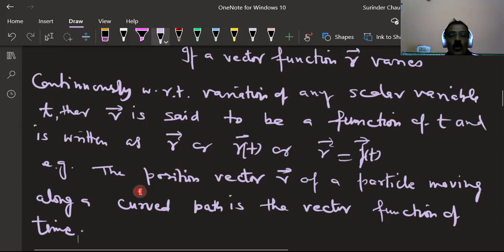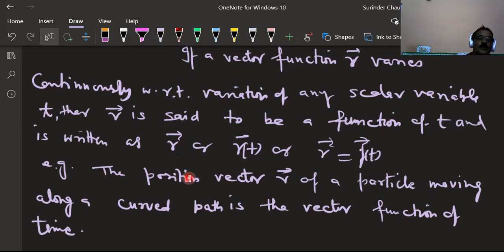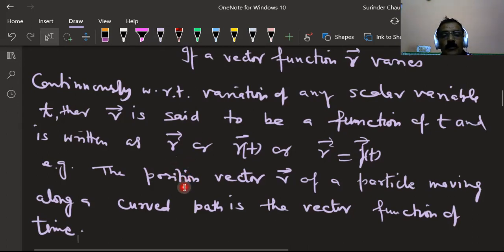Consider a particle or an insect moving on a wall, a two-dimensional surface, or on the roof of a house, or just flying in the air. The insect never moves in a straight line, so it moves along a path.